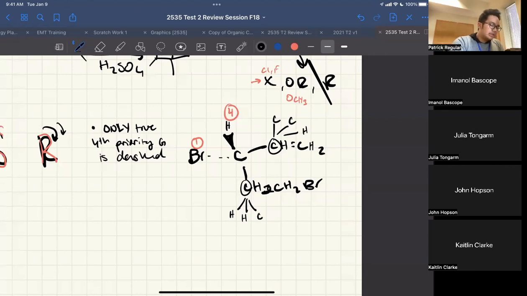So 1 C. You have 2 C's versus that third C, and that's where you have to look at the extra layer of atomic weight if there is a tie. So obviously this one would be 2, and this would be 3.